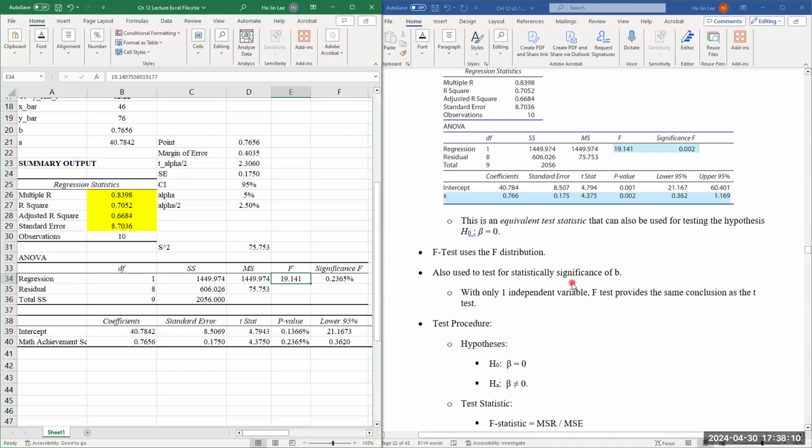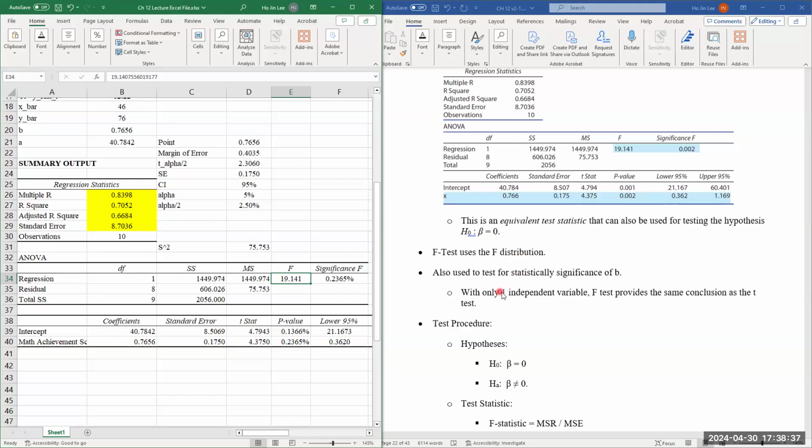This isn't for chapter 12 world. This is basically equivalent to testing the null hypothesis of beta equal to 0. So this is an equivalent test of beta being equal to 0. The F-test, using the F distribution, is used instead of the t-test and the t distribution.